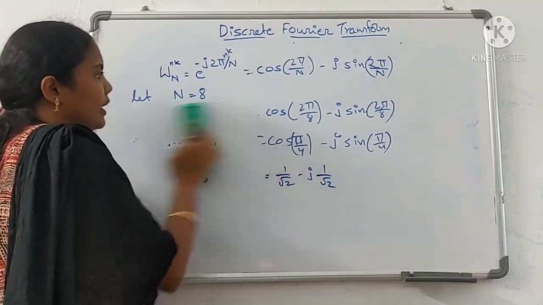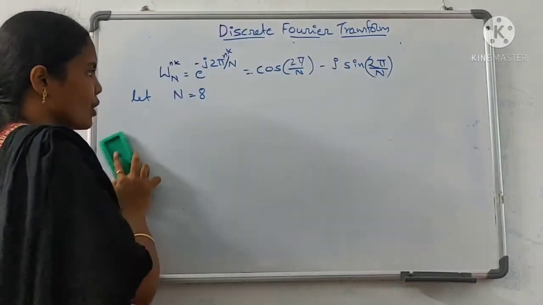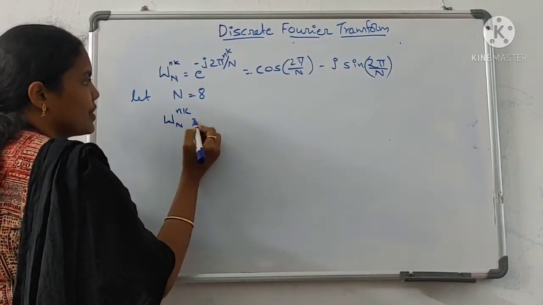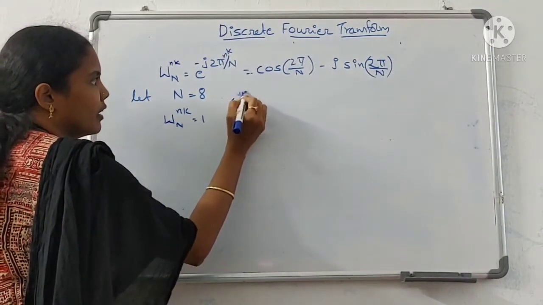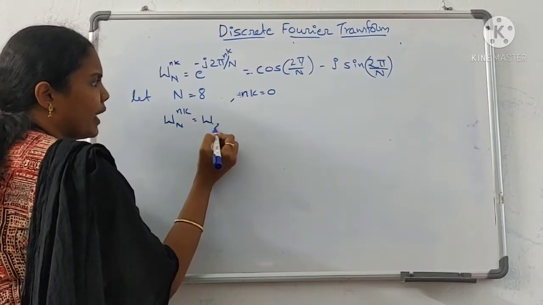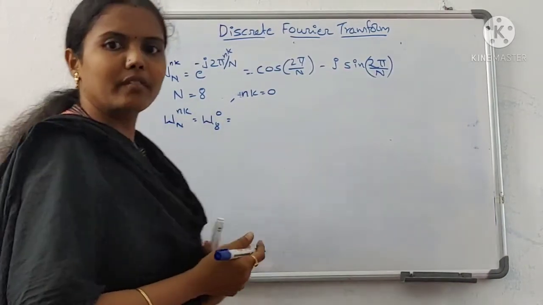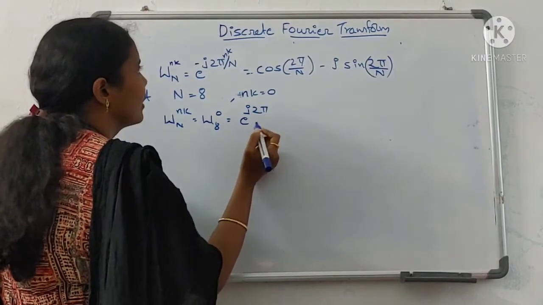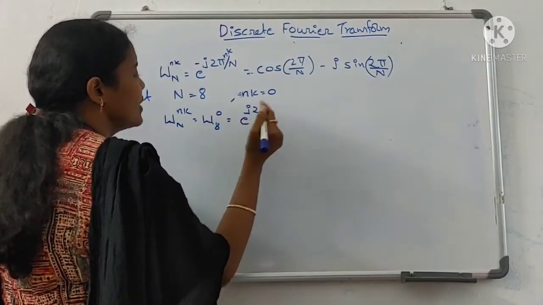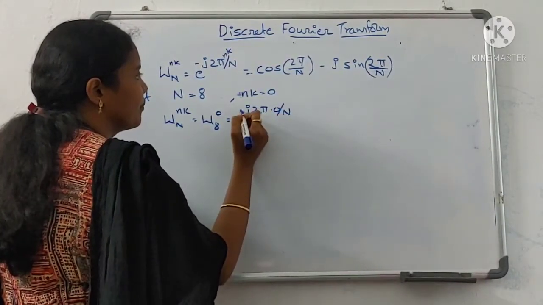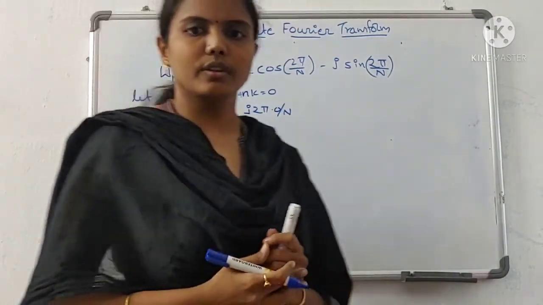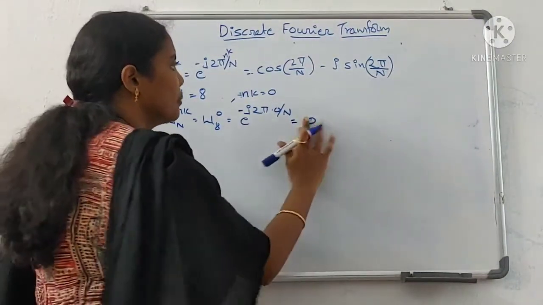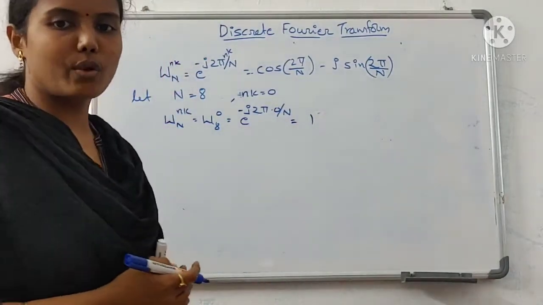In the same way, if you calculate the W8 power 0 value, that means nk is equal to 0, W8 power 0 is equal to e power minus j 2 pi into 0 divided by N, which is e power 0. The value of e power 0 is 1. So the W8 power 0 value is 1.